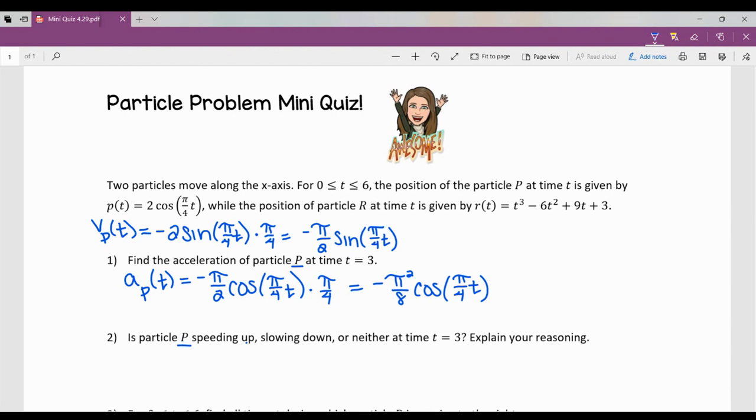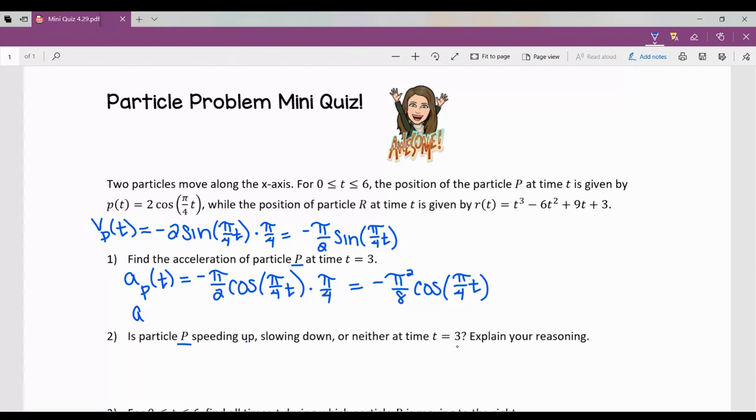So we're going to then plug in 3. So we've got acceleration of the particle P at 3 is going to equal negative pi squared over 8 times cosine of, plugging in 3 pi over 4.